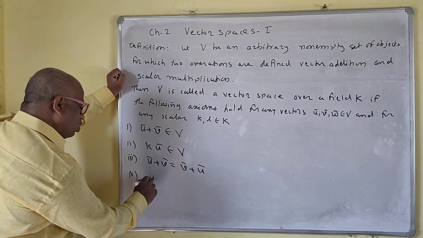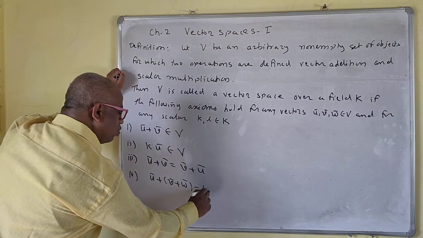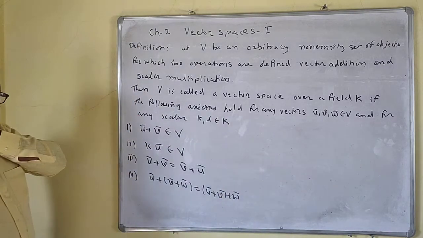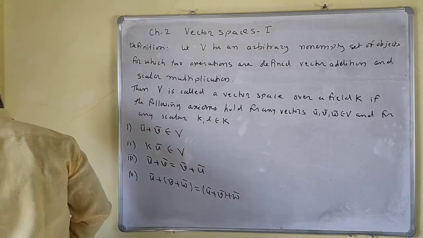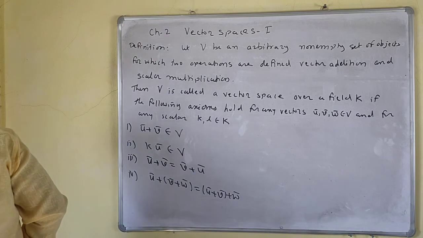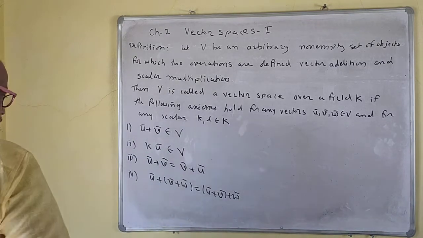And the fourth one: u bar plus (v bar plus w bar) is equal to (u bar plus v bar) plus w bar. That means addition is associative.